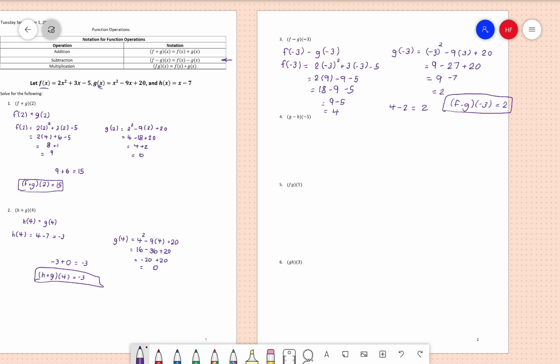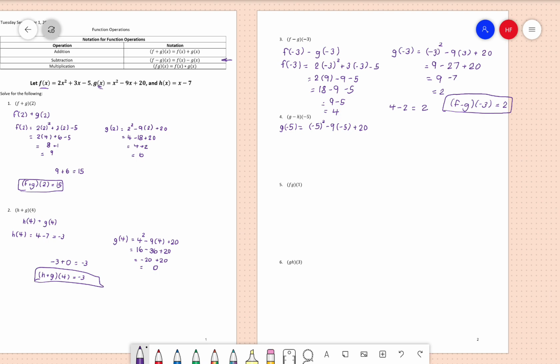Now on number 4, we've got g minus h of negative 5. So g is the function x squared minus 9x plus 20. So g of negative 5 would be negative 5 squared minus 9 times negative 5 and then plus 20.